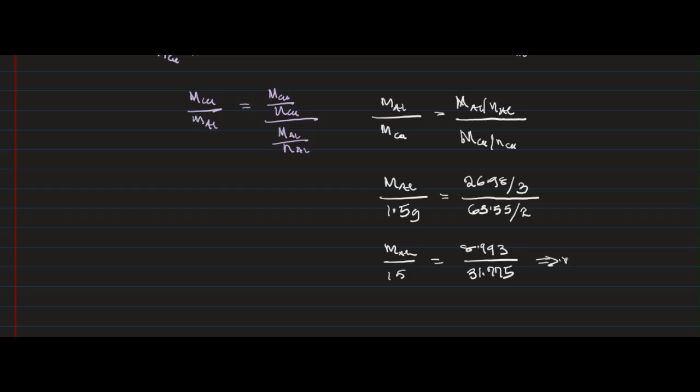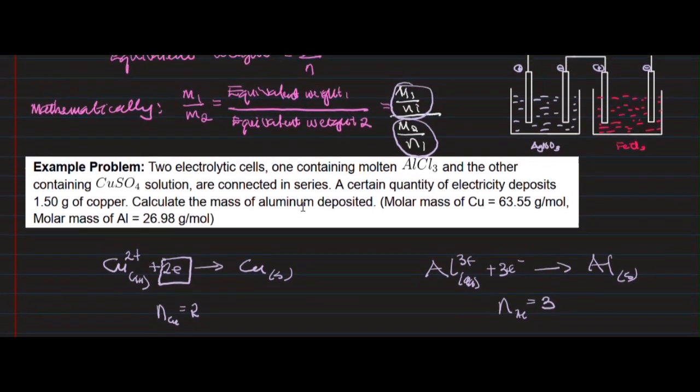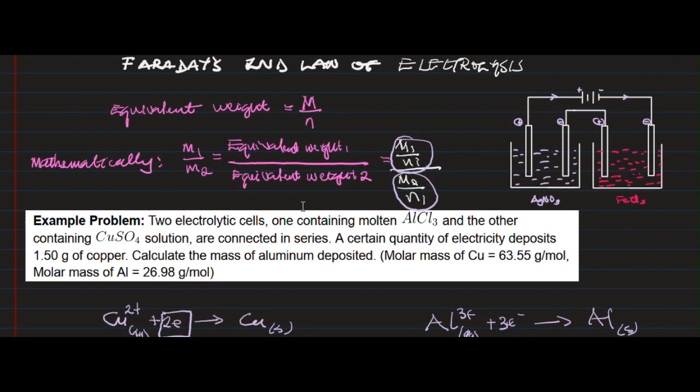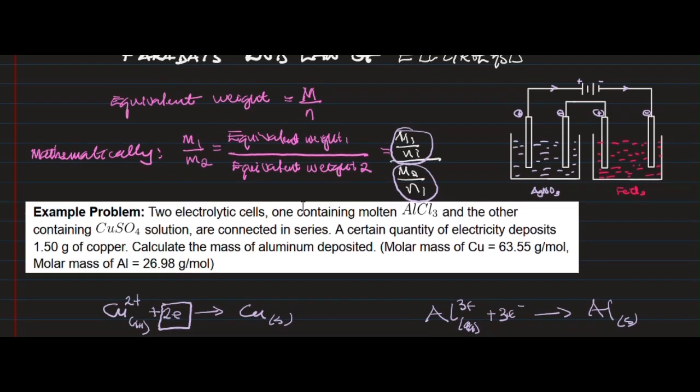So the mass of aluminum deposited will equal 0.425 grams. What you need to master here is just the definition, that is the law, and how to convert the law to an equation, then use that for your calculation.